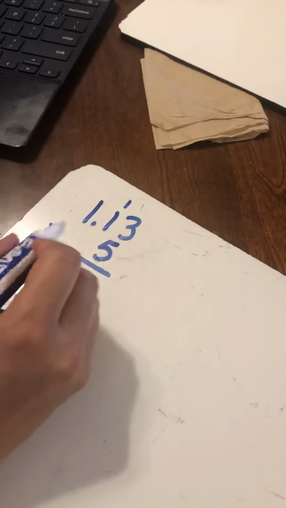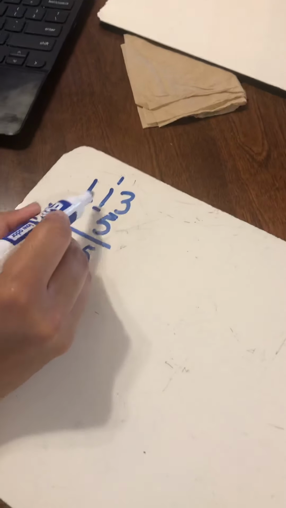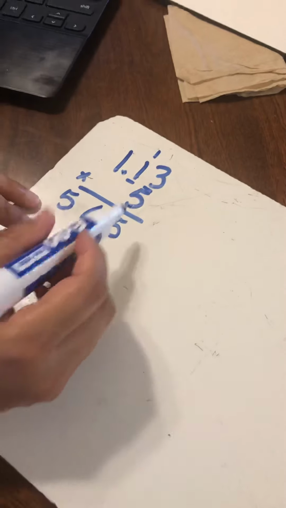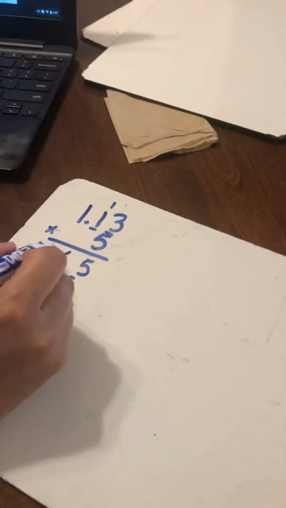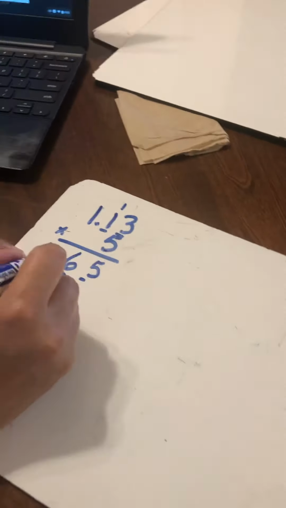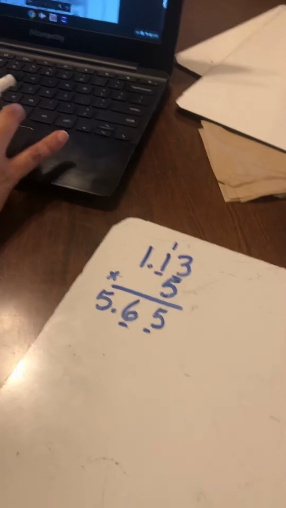And 5 times 1 is 5. Now you see how there are 2 places after the decimal point? My answer is also going to have 2 places after the decimal point, which means my decimal point is going to go there. So he spent $5.65 on the toothbrushes.